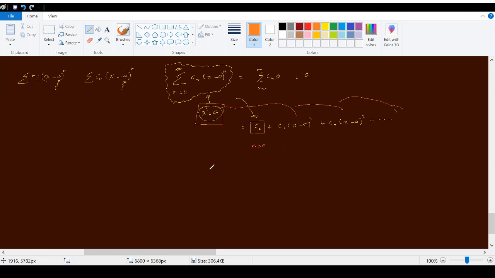Let's take a specific example. Let's have this as the sum of Cn (x minus a)^n, right? The term corresponding to n equals 0 will be C0 times (x minus a) to the power 0, and that is just 1. That's kind of a convention that we use.